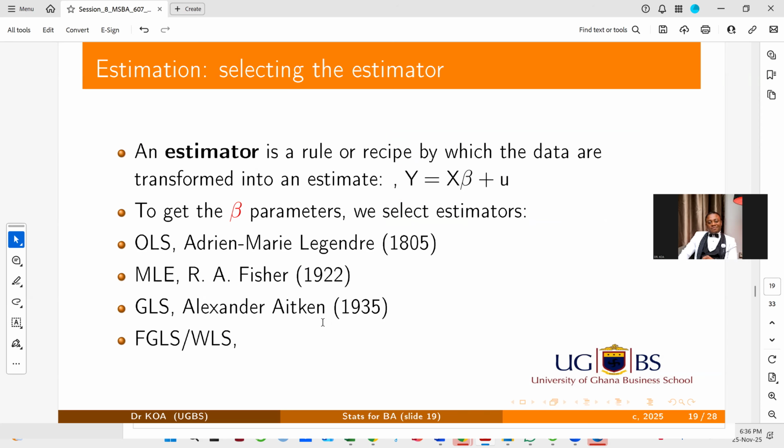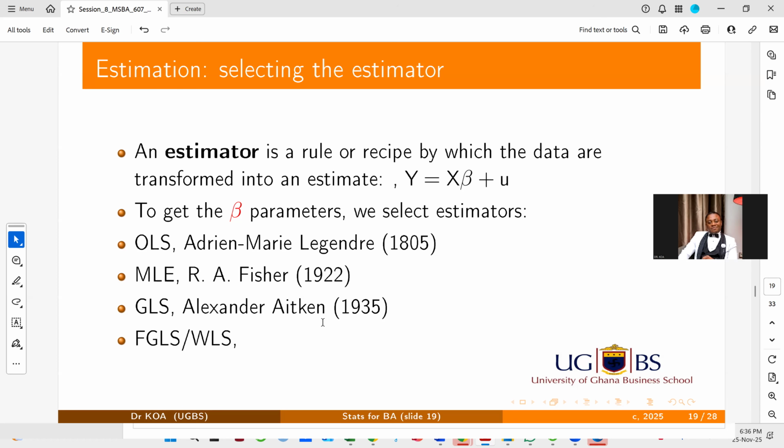There are a number of these estimators. The most common one is known as ordinary least squares, OLS, by Legendre in 1800. What is that? We'll look at that pretty soon. There is also maximum likelihood estimation by Fisher. There is generalized least squares by Aitken.